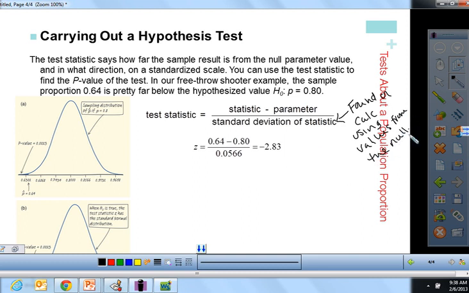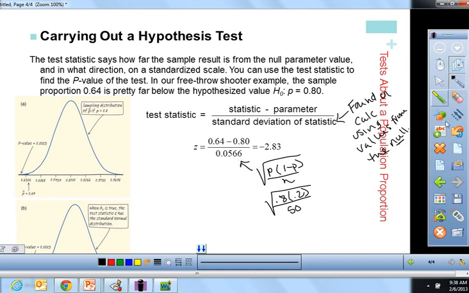Remember this value right here came from the formula p times 1 minus p over n, so it came from the square root of 0.8 times 0.2 over 50. That's how they got that value right here. Remember that the value we put in there was that actual population parameter from the null. So that's where that value is coming from.